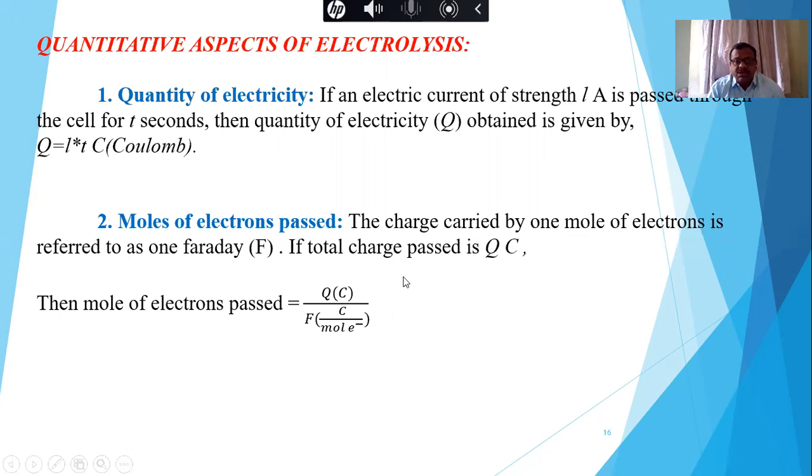If the total charge passed is Q coulombs, then the moles of electrons passed is equal to Q upon F. Moles of electrons passed is equal to Q upon F, where Q is the quantity of electricity in coulombs, and F is the Faraday, which is coulomb per mole of electrons.